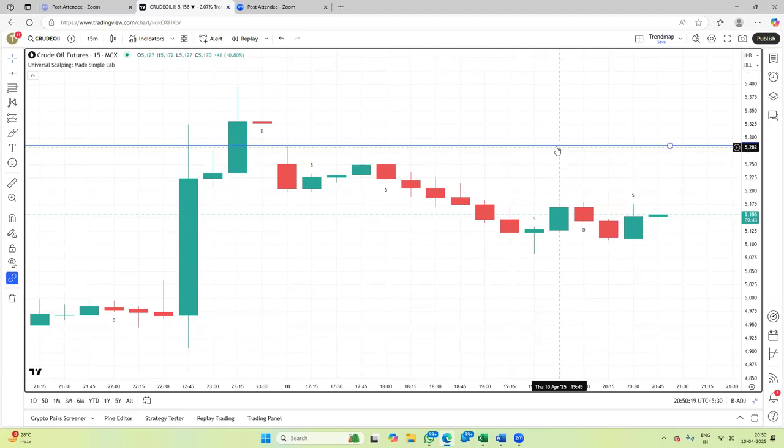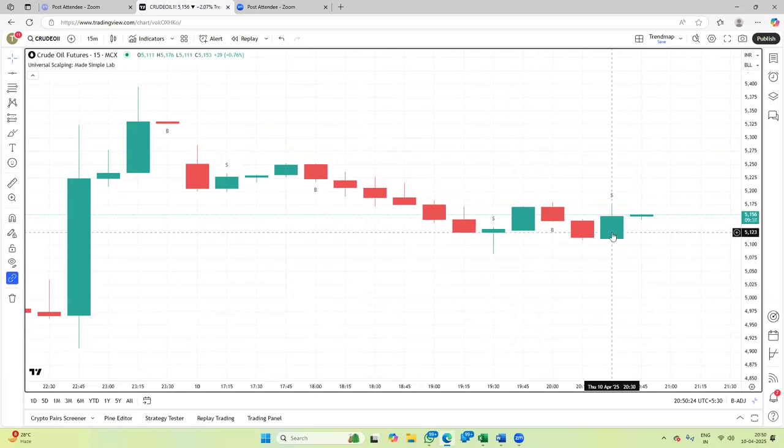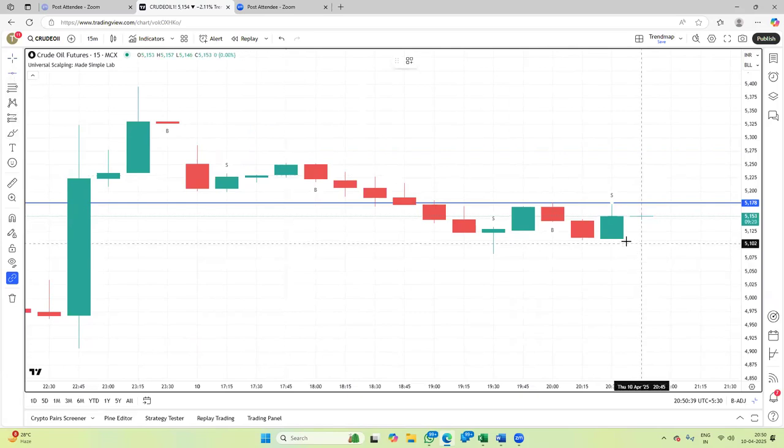I just came now and I see that a sell signal appears, and also previously a buy signal was there. So what I will do is definitely place a buy order above that, and I will also place a sell order.